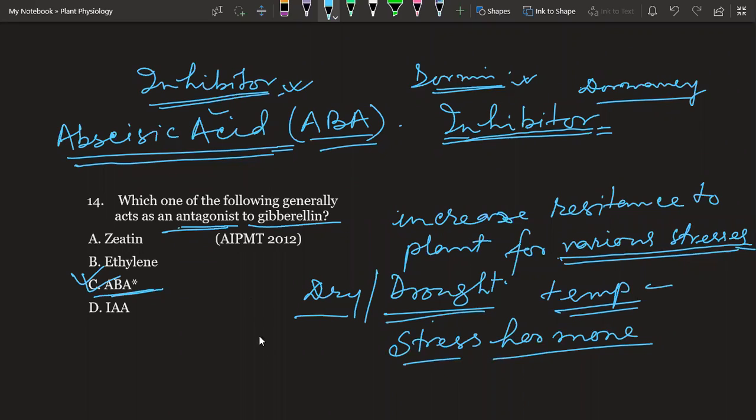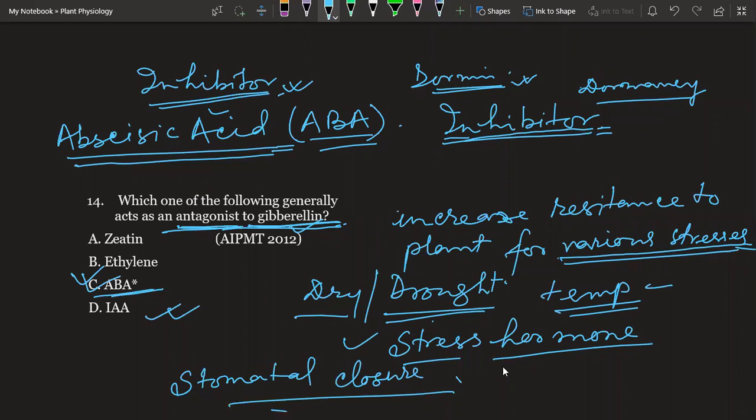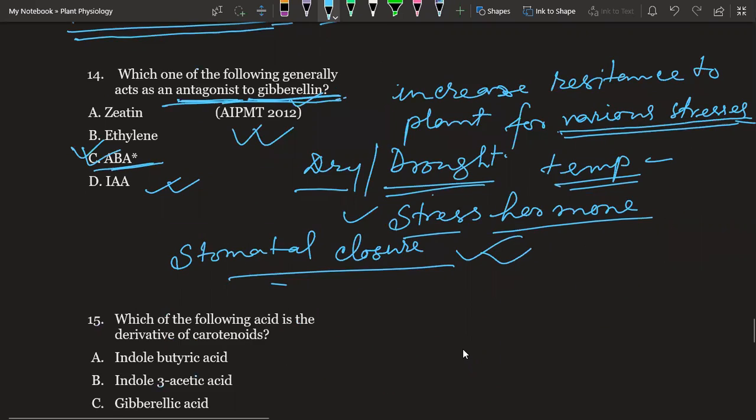And in general, this one is an antagonist to gibberellin. Whatever the physiological effect is shown by gibberellin, usually it opposes that. One of the important things in ABA is that stomatal closure is due to this ABA activity.